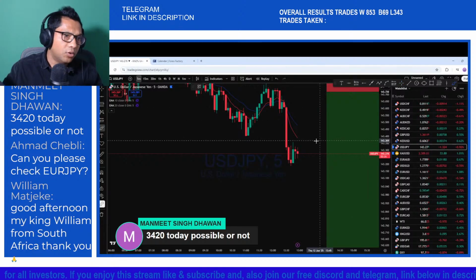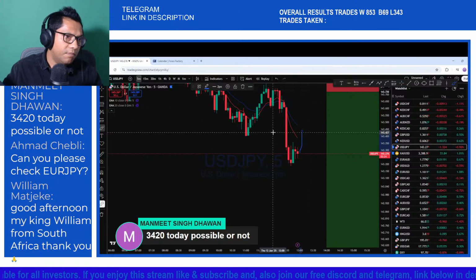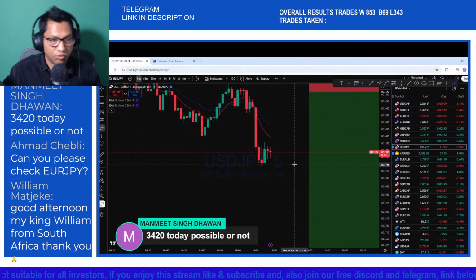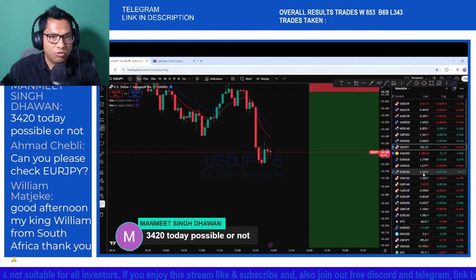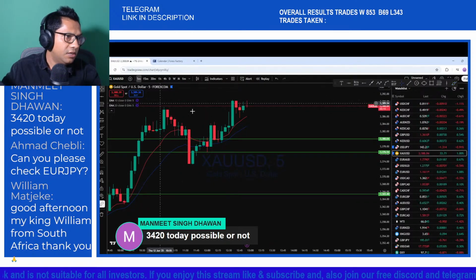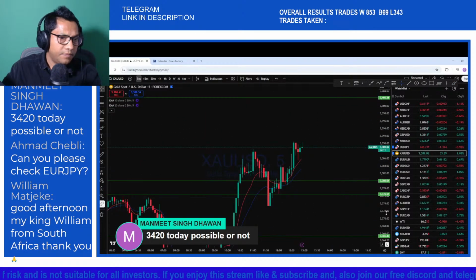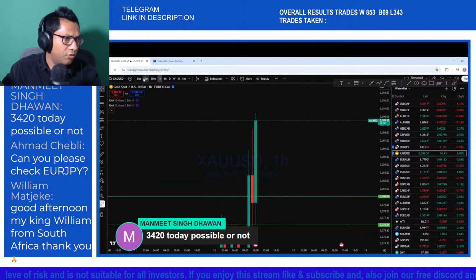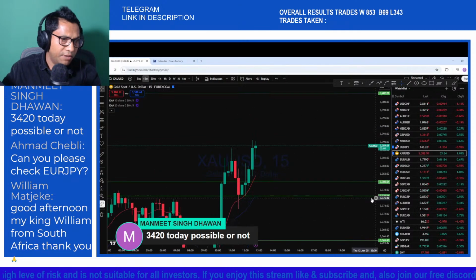After the candle close, if we see one move back to the upside here, we might see a possible selling opportunity on dollar yen, and with that on XAUUSD. Also waiting for a possible break below here.